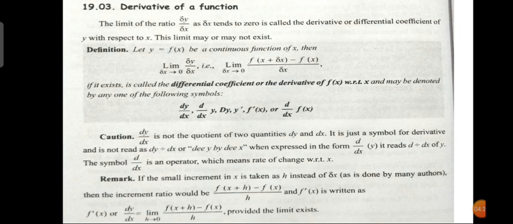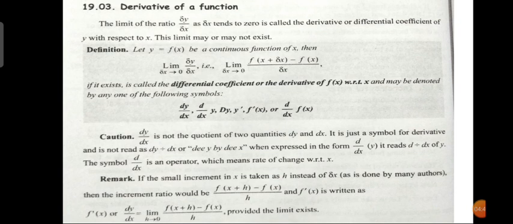Let y is equal to f of x be a continuous function of x. Then the limit as delta x tends to 0 of delta y by delta x, that is the limit as delta x tends to 0 of f of x plus delta x minus f of x, by delta x, is the differential coefficient or the derivative of f of x with respect to x.